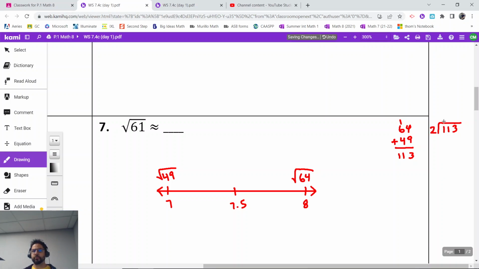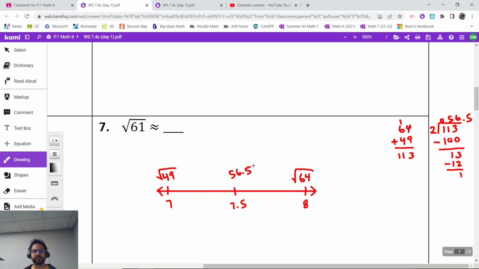2 and 1, no. 2 and 11, yes. 2 times 5 is 10. 2 times 6 is 12. So again, that's how you find the middle number, which is how you get the 0.5. So we would say the square root of 56.5.